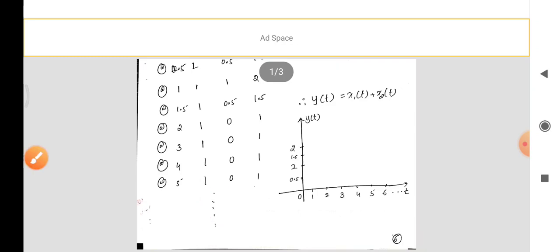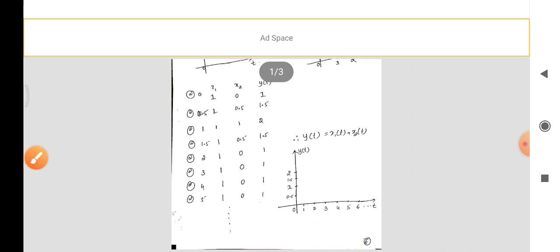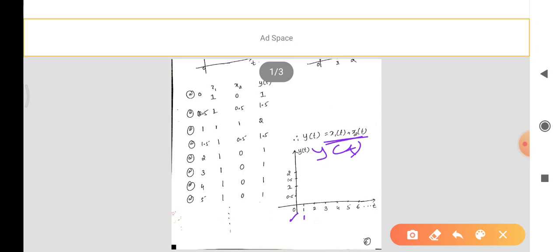So therefore we can draw this entire signal. This is your y of t signal, which is the x1 plus x2 signal. Let's take 0, 1 second, 2 seconds, 3 seconds, 4 seconds, 5 seconds, and so on. You can mention in between that also, between 0 and 1 there is 0.5 and so on.